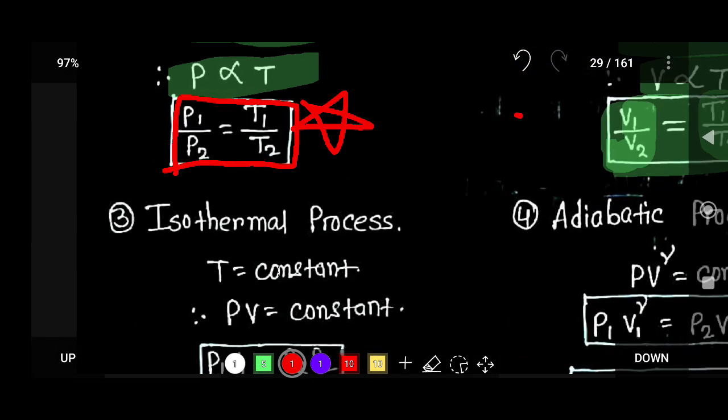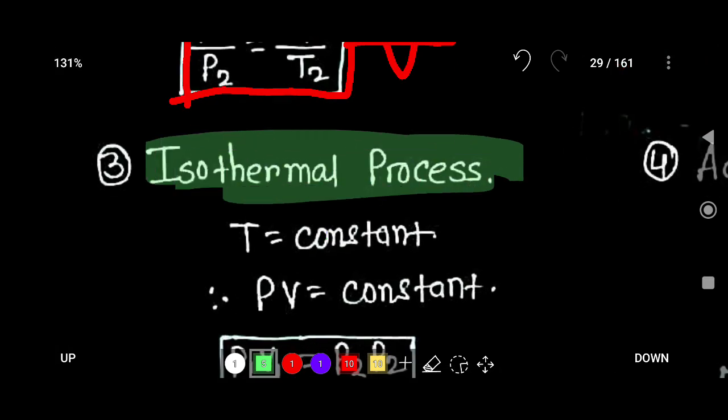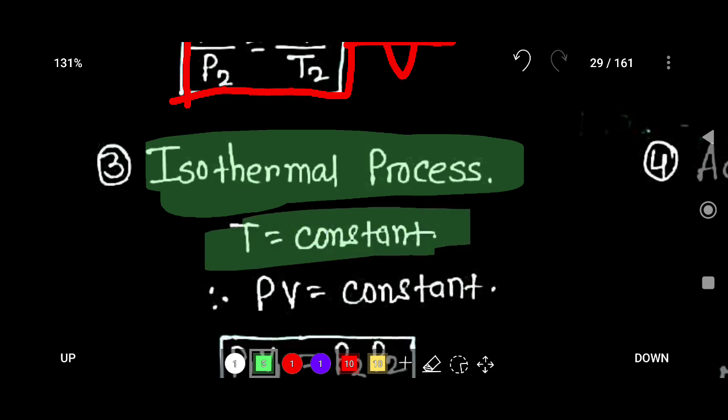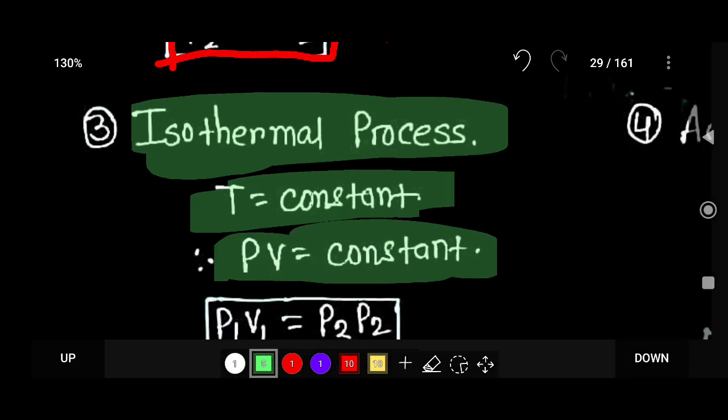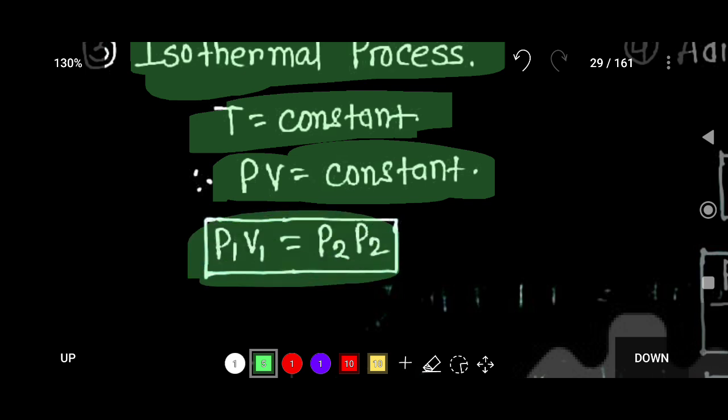Now if it is an isothermal process, temperature is constant, so PV is constant, and you get the relation P1 V1 equal to P2 V2. Very important.